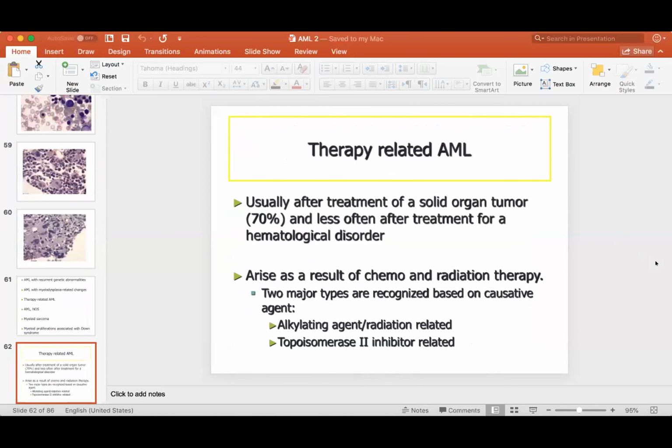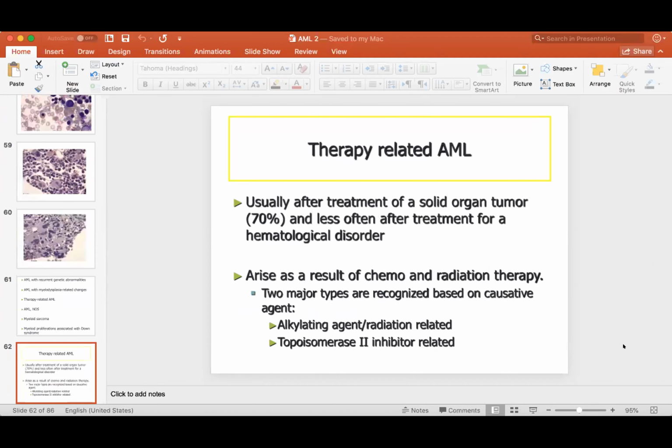So next is the therapy-related AML. Basically, the patient has been diagnosed with a cancer, a solid organ tumor, or a hematological cancer or disorder, and has been treated with chemotherapy or radiation, and now developed AML. There are two main categories. There's the alkylating agents and radiation related, and the topoisomerase II inhibitor related.